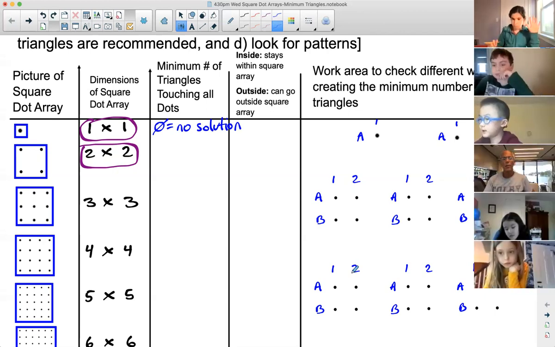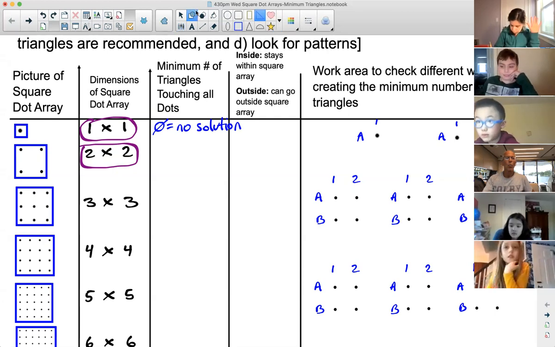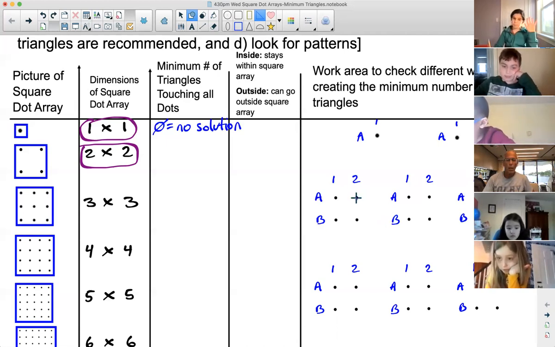Jack? 1. Well, you have to tell me how to draw it. Tell me where to start. You start at A2, then you go down to B2. To B2. Mm-hmm.